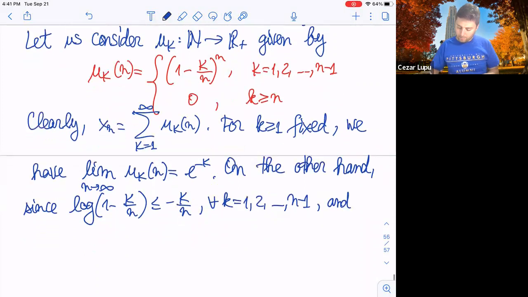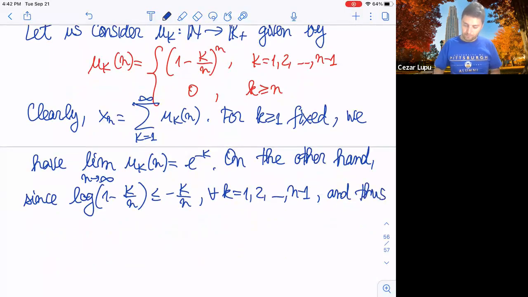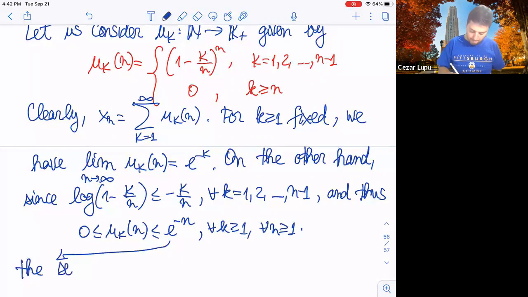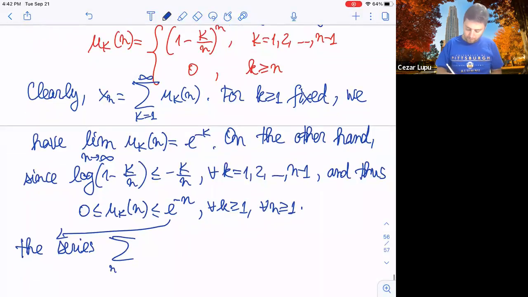And thus, we have that uk of n is non-negative, but it's also less than e to the negative k. But also the series of this is convergent.